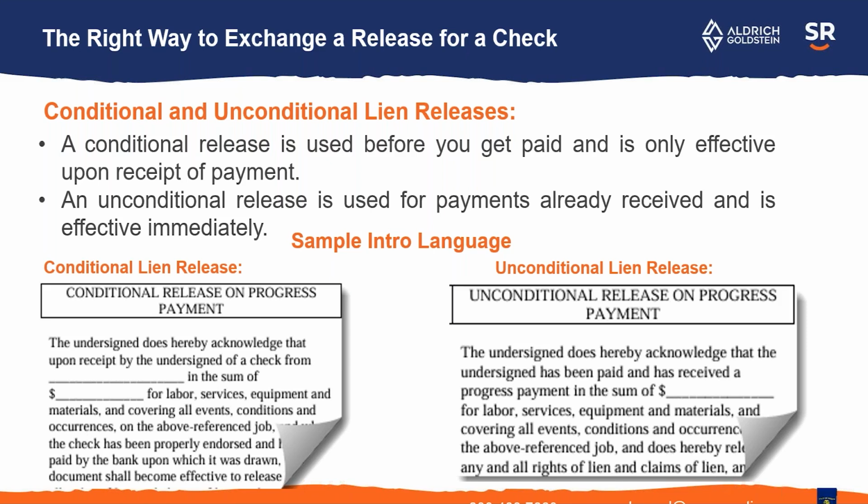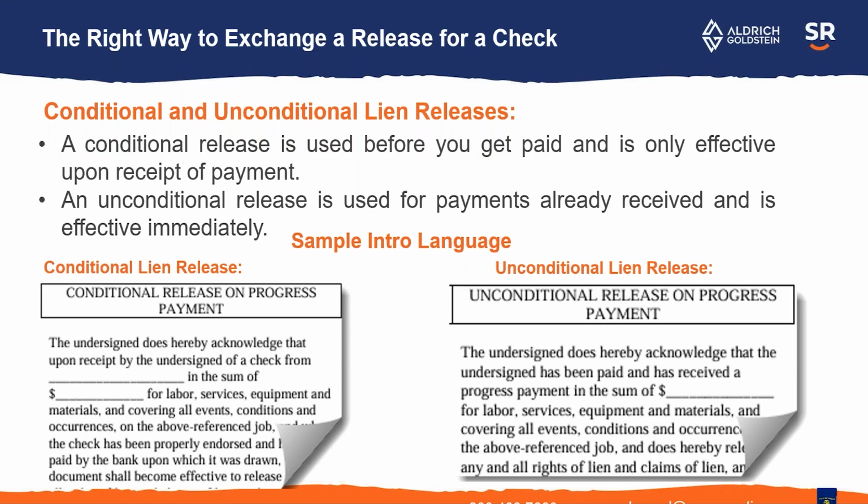On the left-hand side, there's an example that says you acknowledge upon receipt by the undersigned of a check. So as soon as you get the check, then you're releasing whatever the rights are that are noted in the particular release. That's different from an unconditional release, which should be used after you've already been paid.